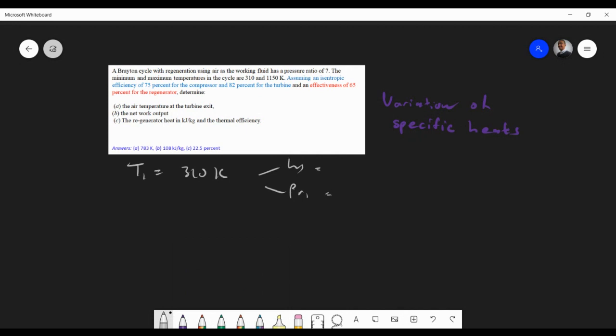You just get those. Your pressure ratio is PR2 over PR1, and obviously you can get PR2 based on this. Then from PR2, you can get H2S. We don't actually need temperature in this case. So let's get H1 and PR1.